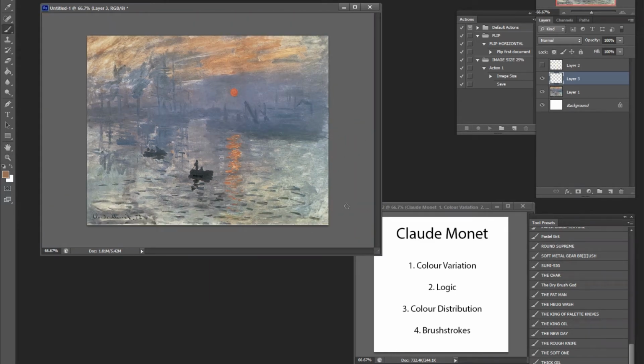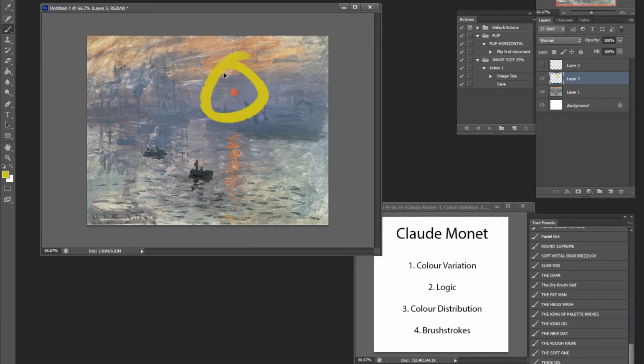Now, one final note. Where is the brushstroke the most intricate? You might notice that it's probably the sun itself over here. Now, this is the focal point.